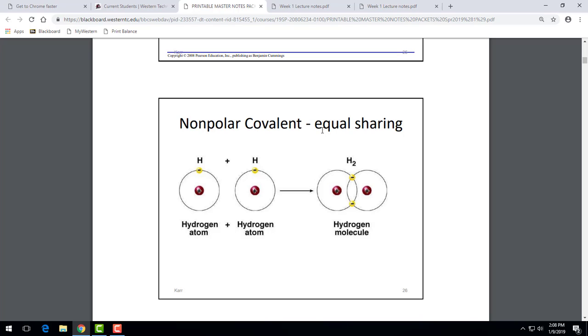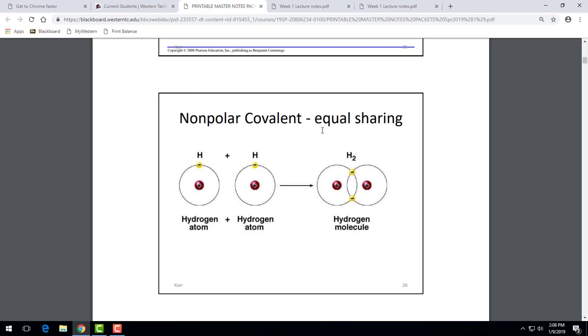So this is covalent. When we say nonpolar, nonpolar means equal sharing of those valence electrons. So either one of the electrons is equally distant from that nucleus as the other hydrogen atom. So they're equally shared. It's a nonpolar covalent bond, equal sharing between those 2 atoms.